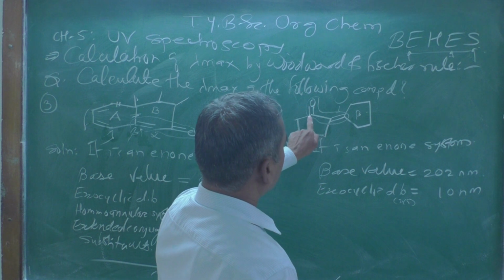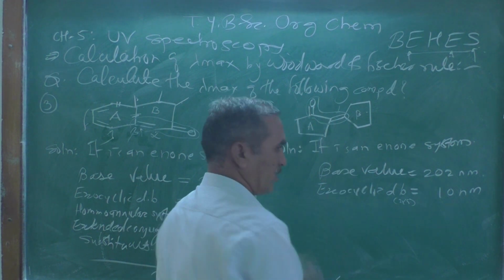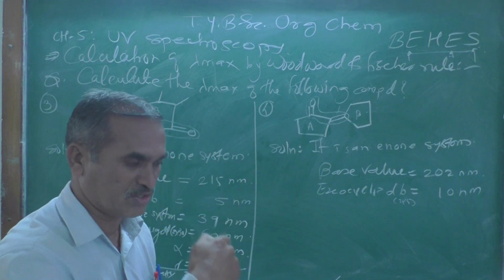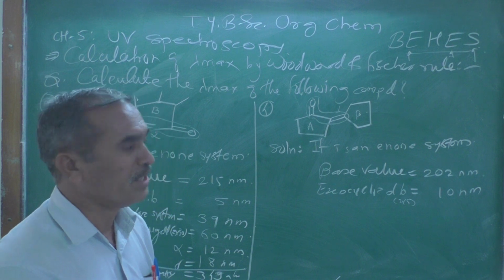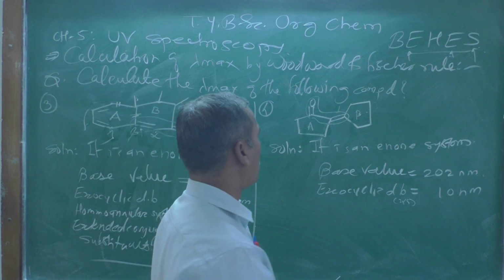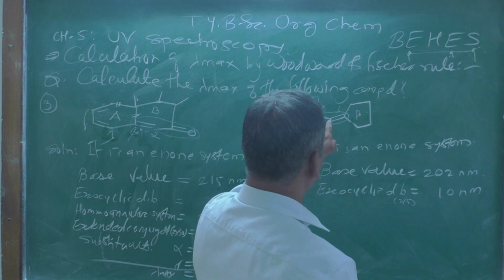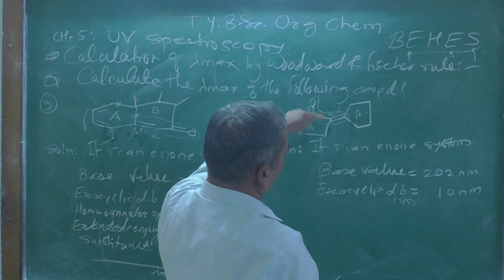Now this is a carbonyl group, the adjacent carbon atom goes this side. Whenever there is a conjugation, on that side you have to label alpha, beta, gamma, and so on. So look, this adjacent carbon atom is termed alpha.